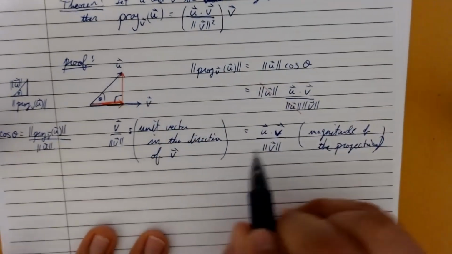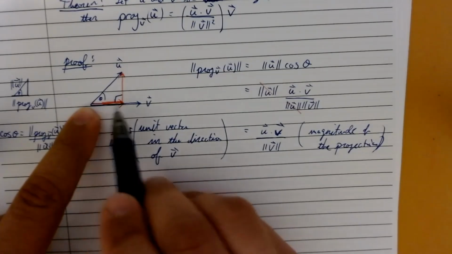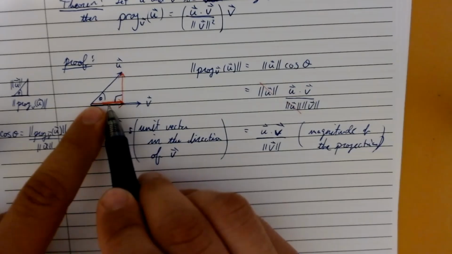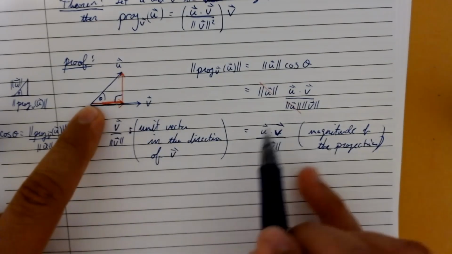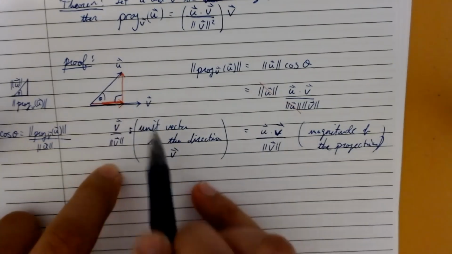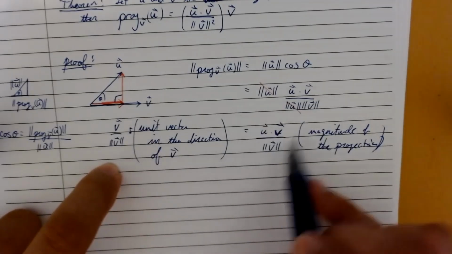So if I put these together, hey, here's my vector. Oh, but it's the wrong size. This is a unit vector. I need to scale it so that it's the right size. Well, I scale it by this amount, because this tells me how long it's supposed to be. This has magnitude 1, so 1 times this gives me a magnitude that's this.